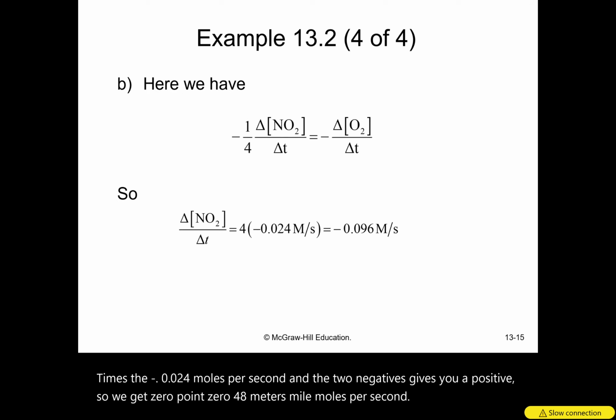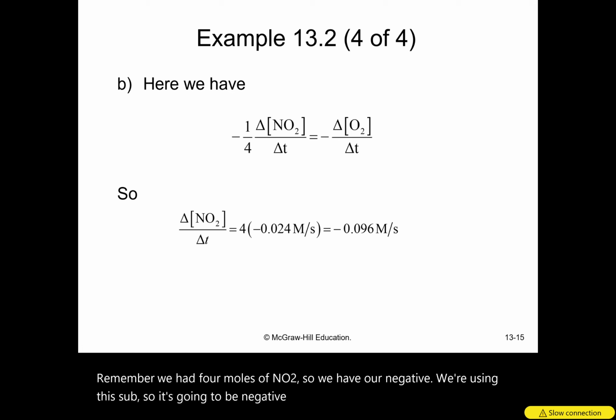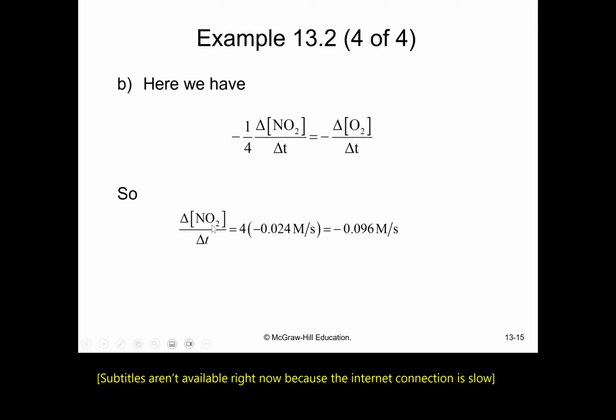So for part B, remember we had 4 moles of NO2, and we're using this up, so it's going to be negative 1 over 4. And that is equal to our negative delta concentration of O2 over delta T. So we are rearranging this to solve.